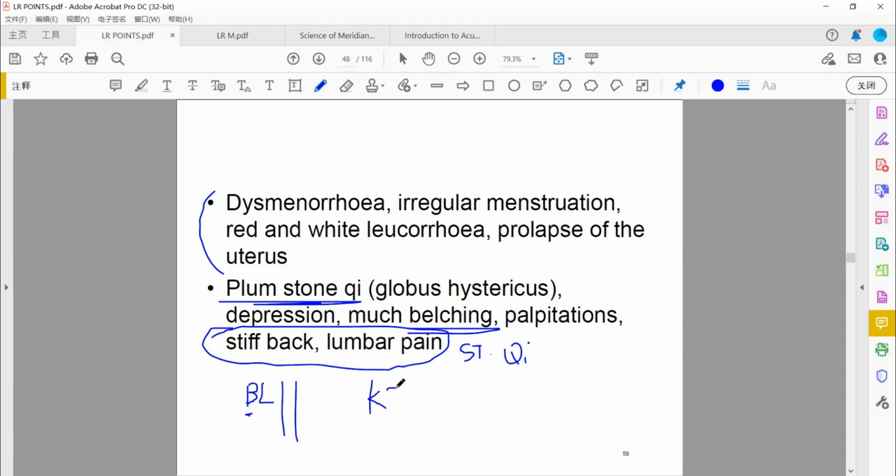The kidney usually relates to lumbar pain, especially chronic lumbar pain. And think about the kidney and liver, their relationship. This one has essence, this one has blood, right? Essence and blood have the same source. We will see kidney and liver have the same source too.